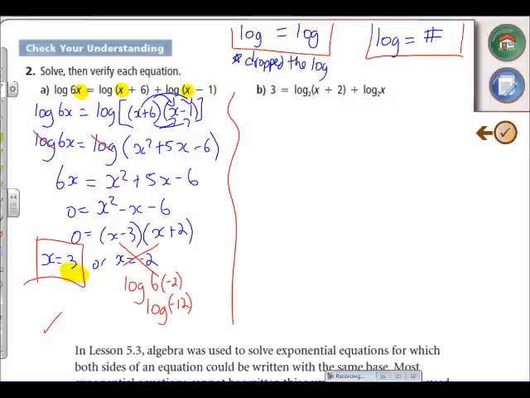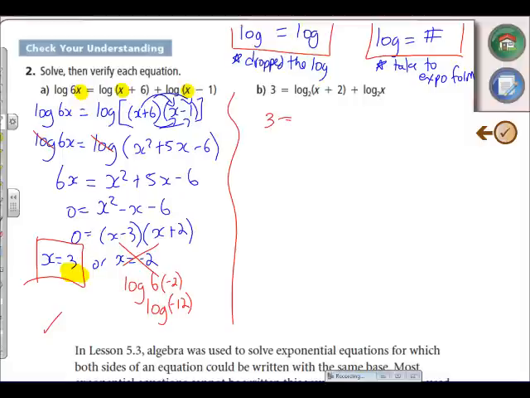You drop a log on each side, you're good to go on that. If we can get a log equal to a number, the way we're going to solve this one is take it to exponential form. You remember those 2 keys, you'll be able to do any of these log equations. They always come down to these 2 methods.